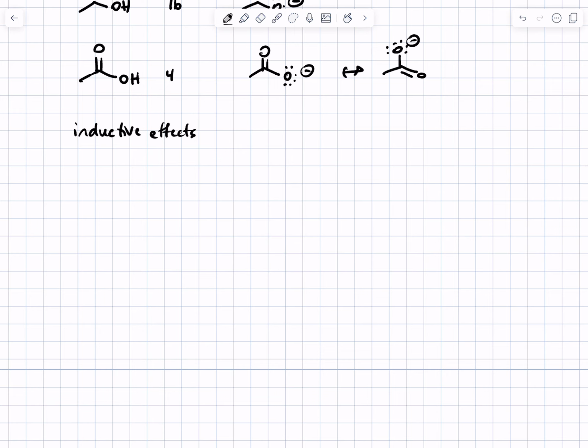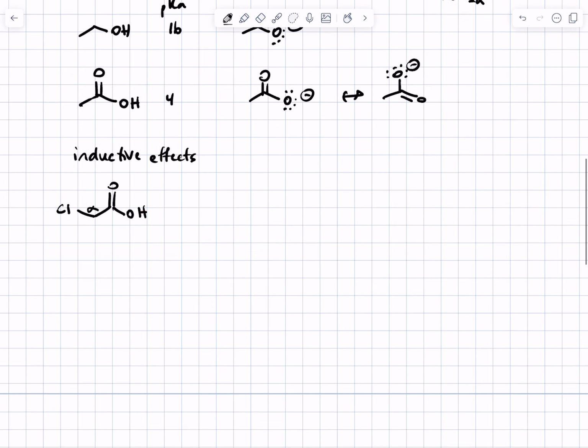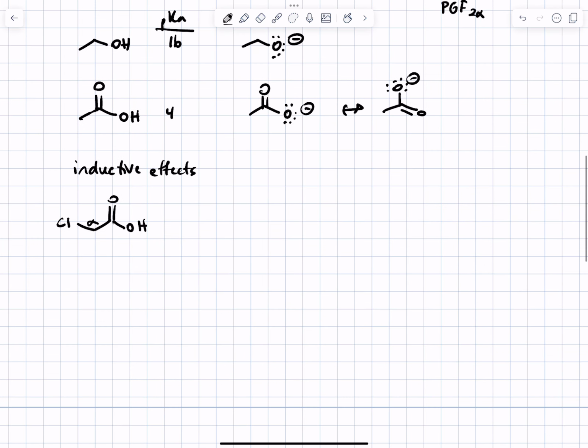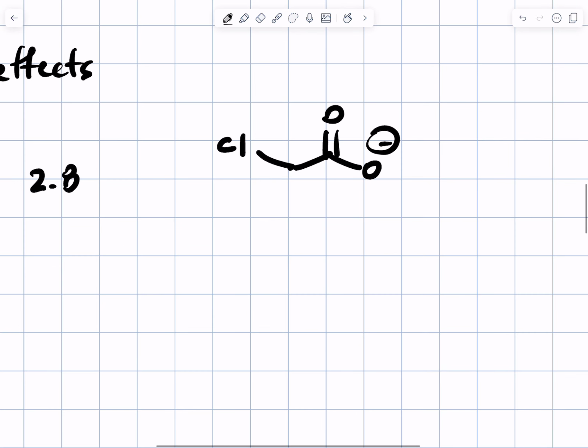As an example, if we add a single chloro group on the alpha carbon of acetic acid, we get chloroacetic acid, and its pKa is more than a log unit lower, so 10 times more acidic than acetic acid. The rationale for that is the presence of the chloro, that electronegative group at the alpha carbon, tends to pull electron density away from the alpha carbon, which then pulls electron density away from the carbonyl carbon, which then pulls electron density away from those negatively charged oxygens.